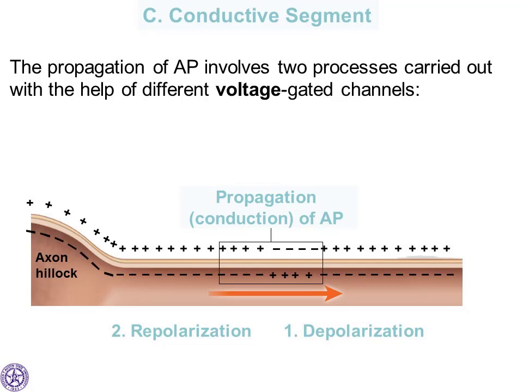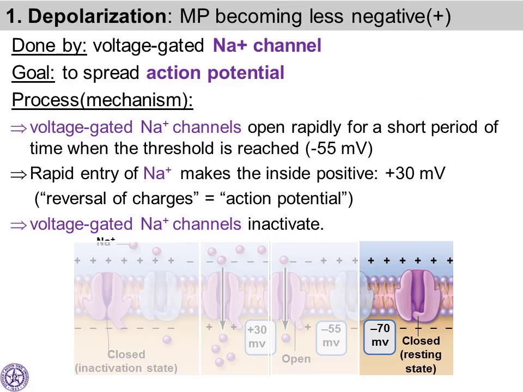So ignore the fact that we bypass it. Because positive 30, I mean, we're still polarized, right, at positive 30? But we don't look at that. We just look at the fact of going from minus 55 up towards 0. We're losing the polarity of our membrane, because we're letting all these positive sodium ions come flooding in.